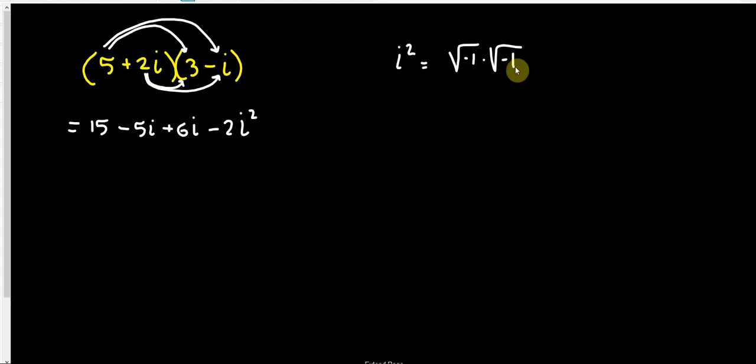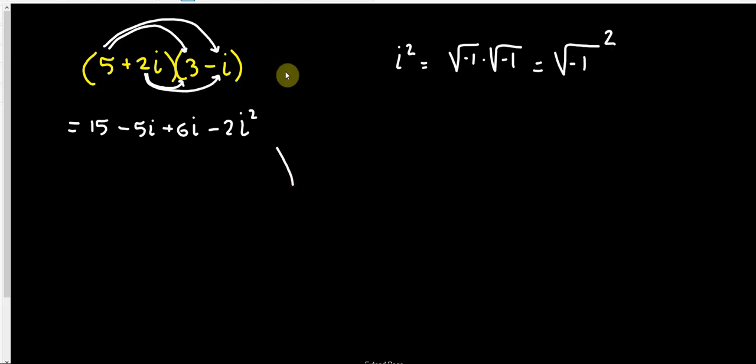So if I have that, that's one way of writing it. Let's go with maybe a better way of writing this out. So that would be the square root of negative 1, squared.